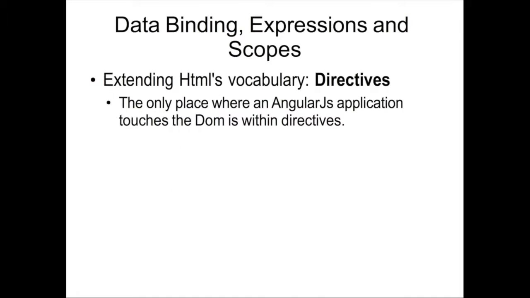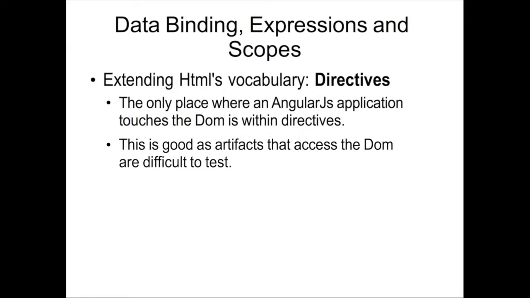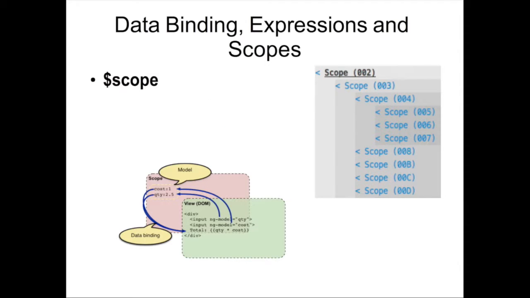Another thing to know about Angular, about directives, is that the only place that touches the DOM is within directives. And that's important because those areas of the app are notoriously difficult to test. We'll talk more about directives later, but first let's talk about scope.